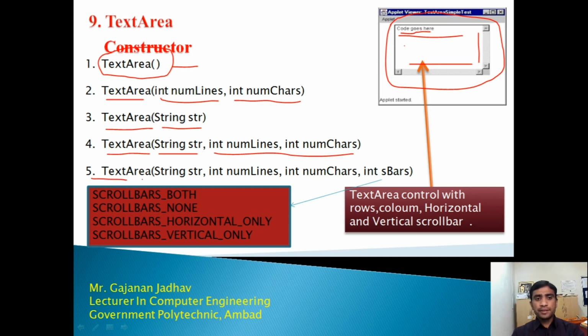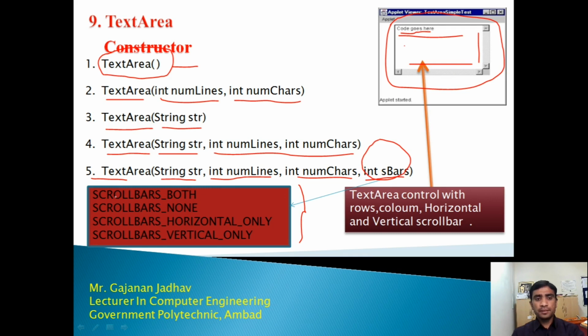Fifth constructor will create a text area with specified text, specified number of lines, number of characters in the line and int bars. Now this bars is nothing but the horizontal and vertical scroll bar. Now for this parameter we are having some static variables of a text area class. The first one is SCROLLBARS_BOTH.